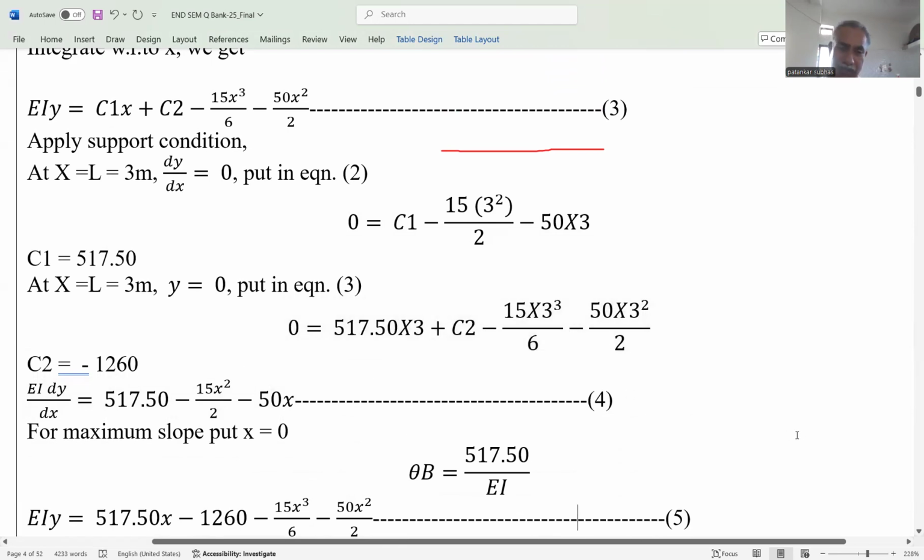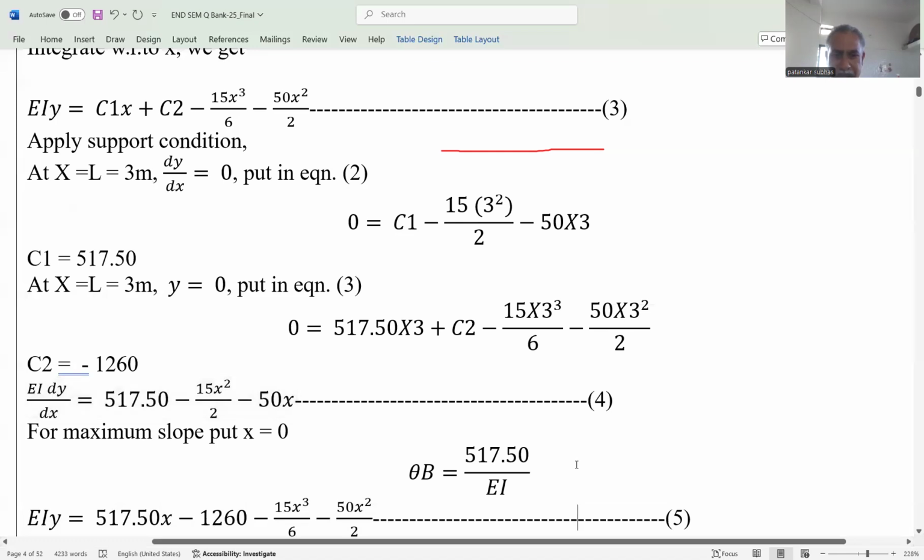So when we put x = 0, we know that slope is maximum. For the cantilever, what happens? In equation number 4, these terms are 0, and EI dy/dx, that is theta at support B, EI theta B = 517.50.